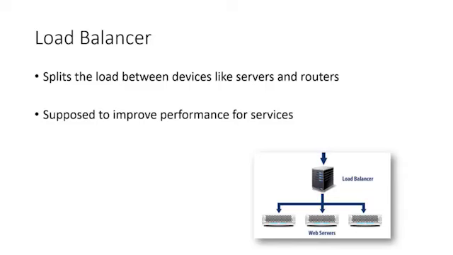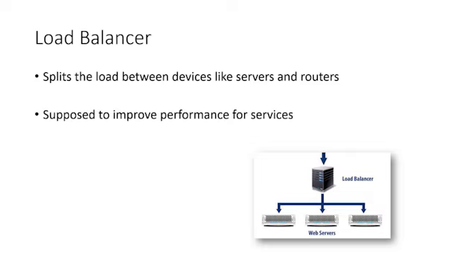We can also have something called a load balancer. Now this splits the load between devices like servers and routers, and it's supposed to improve performance for our services. Now where this comes in for security could help with DOS attacks or DDoS attacks, because you hit the load balancer first, and it says, okay, I'm load balancing for, like our graphic we have here, 3 web servers.